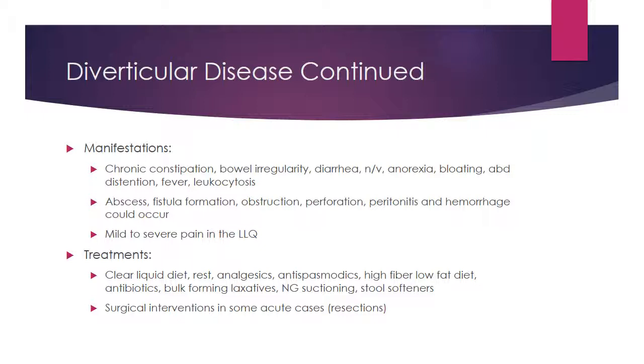Treatments include a clear liquid diet, rest, analgesics, antispasmodics. You want a high fiber, low fat diet, antibiotics, bulk forming laxatives, NG suctioning and stool softeners. And then you would have surgical interventions in some acute cases, which would be like a bowel resection.